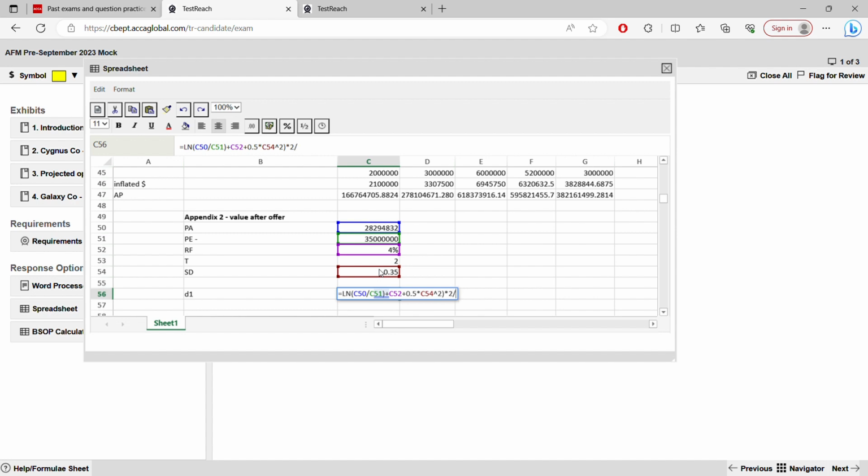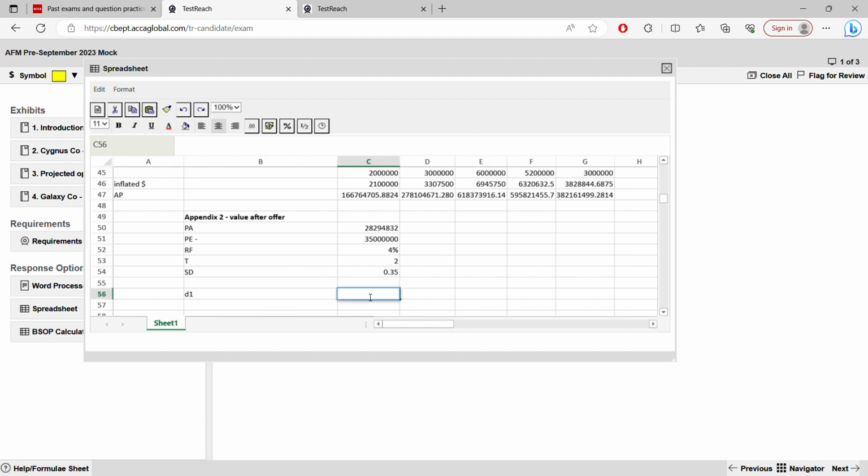Divide by, again bracket, standard deviation into square root of t. Okay, into SQRT, square root of t, that is time. I don't know why it went.